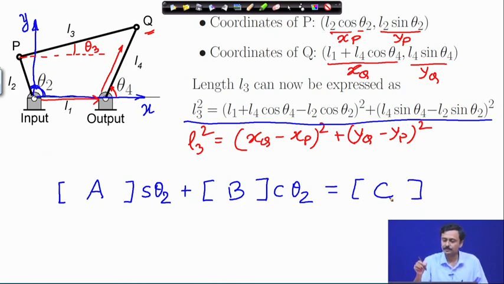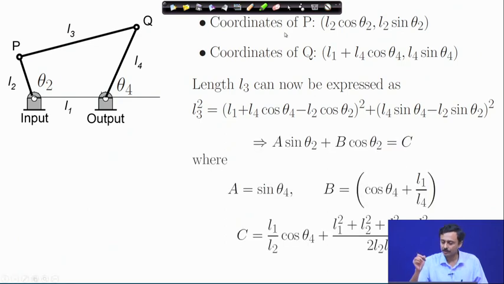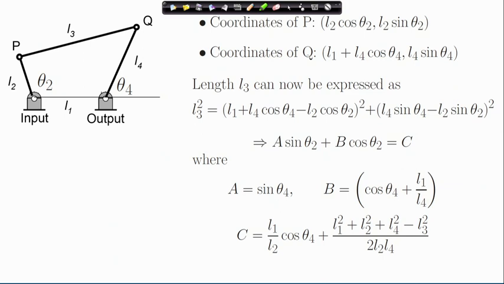Formally, let us see what A, B, C are. Here I have written out for you: A sin theta 2 plus B cos theta 2 is equal to C. Here A, B, C are now functions of theta 4 which is specified.